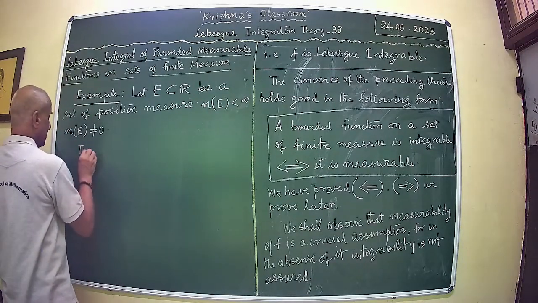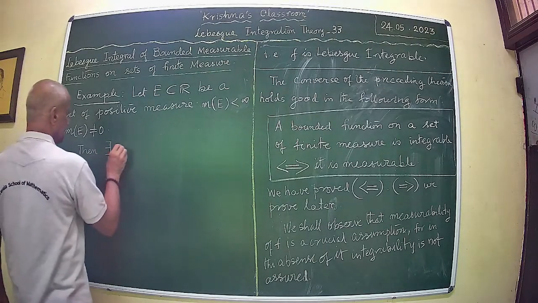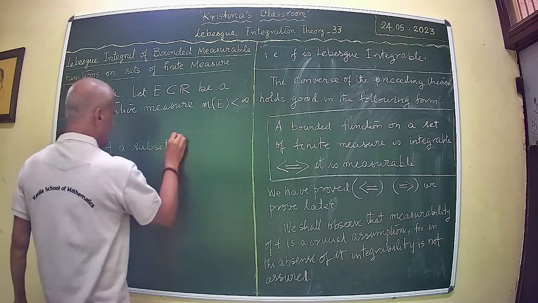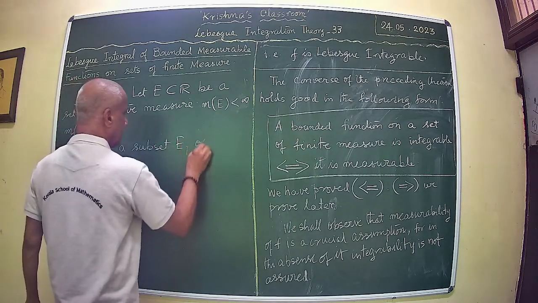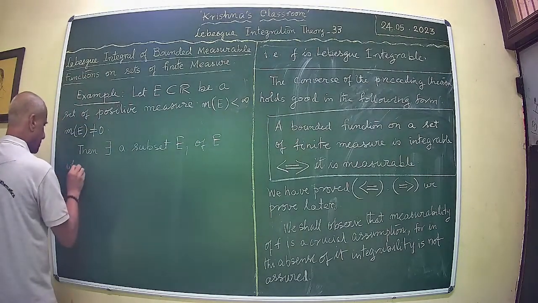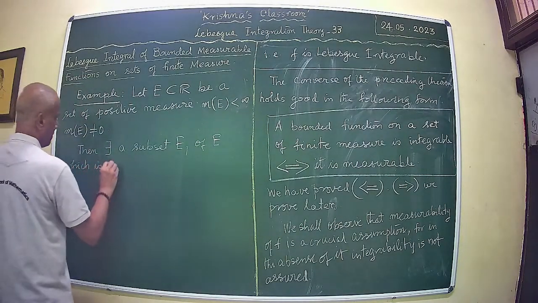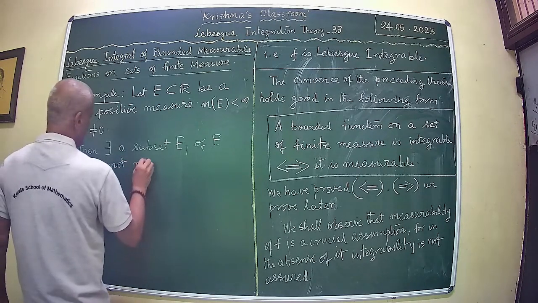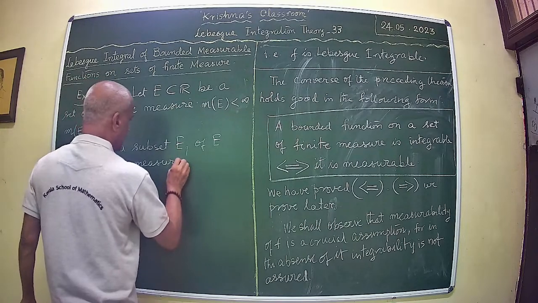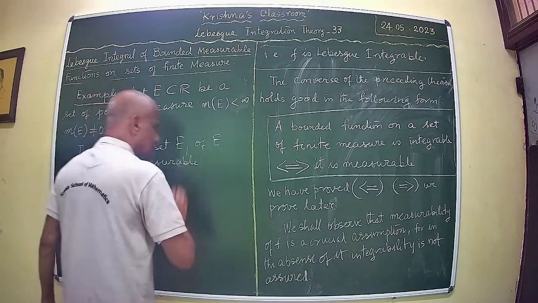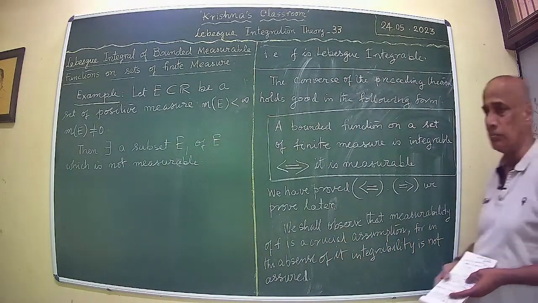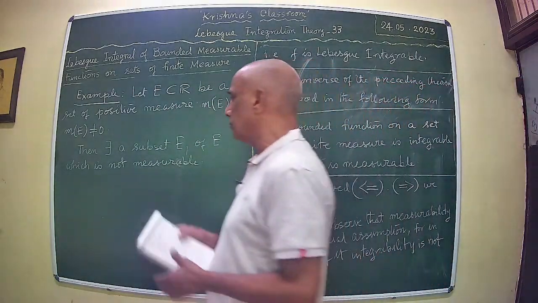Then there exists a subset which is not measurable. That means every set of non-zero measure has some subset which is not measurable.